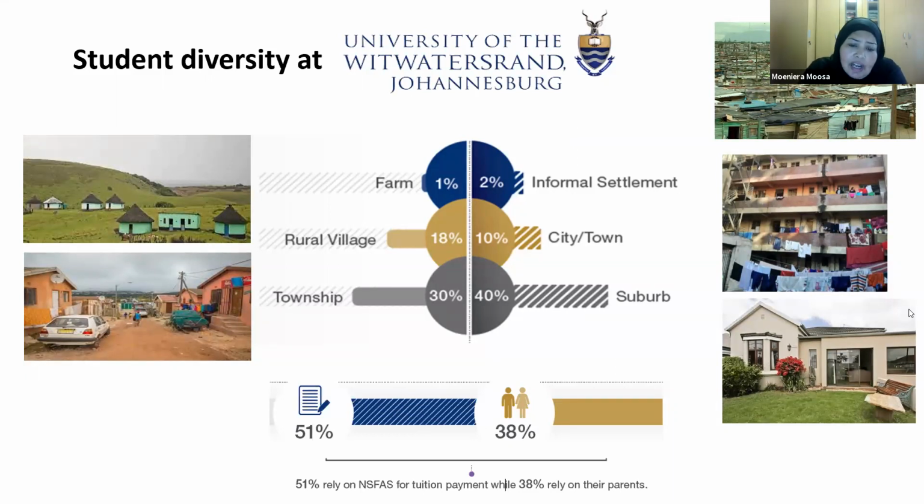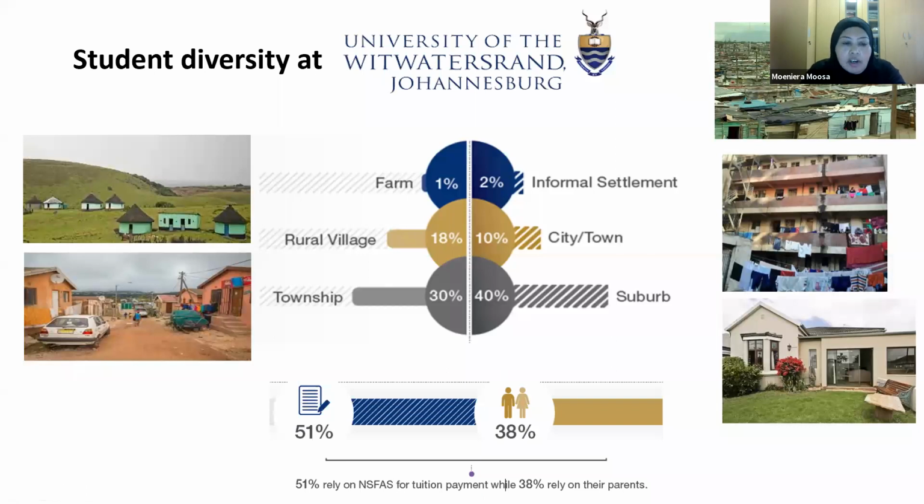If we look at the financial background of our students, just over a third of our students are reliant on their parents to pay their fees, but slightly more than half of our students are actually dependent on the National Student Financial Aid Scheme, known as NSFAS in South Africa, for their funding.